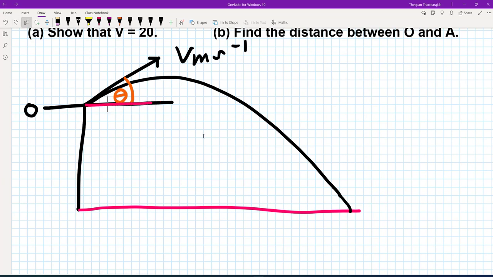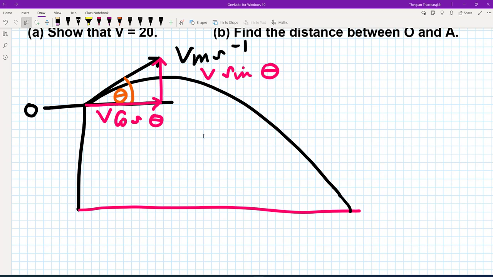So let's draw the horizontal component and the vertical component. That's going to be v cos theta and v sine theta. So we've got our components written in like so.